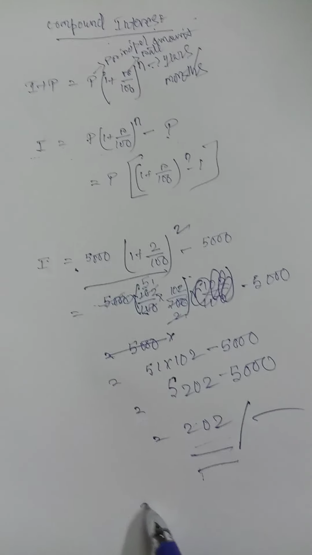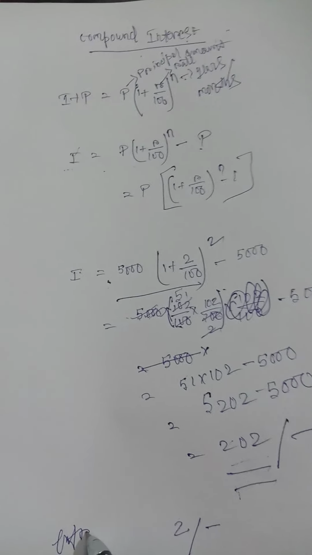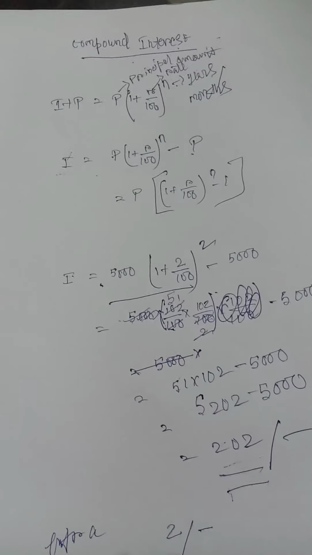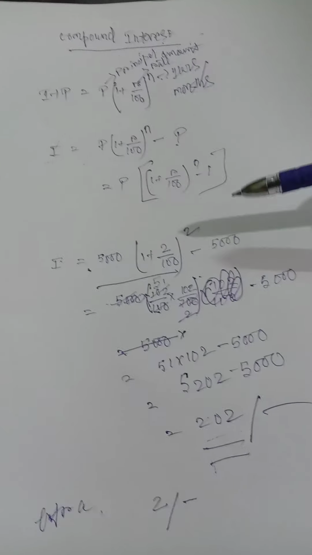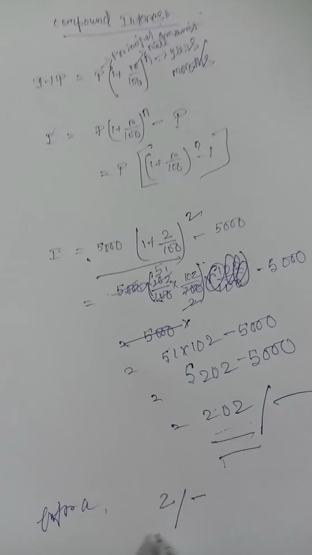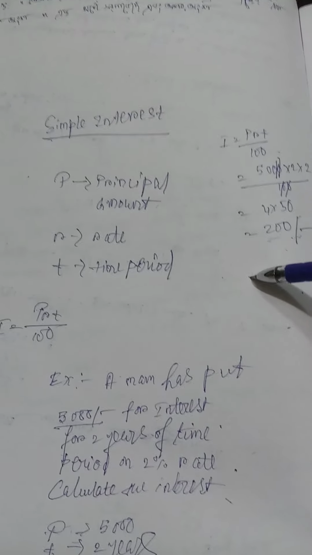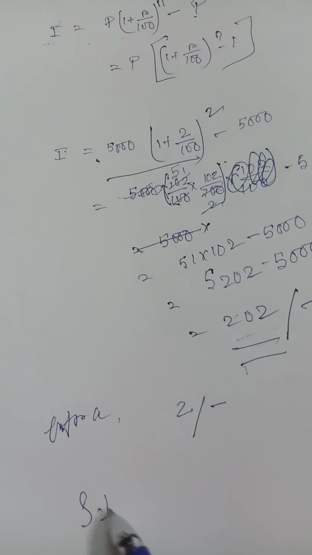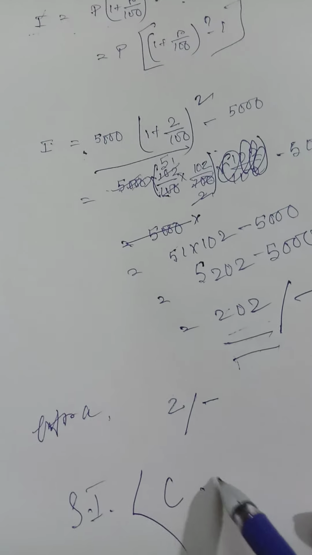Therefore, we have 2 rupees extra, because the compound interest has been designed in such a way that it always gives a result greater than the simple interest. This is why we say that simple interest is always lesser than the compound interest.